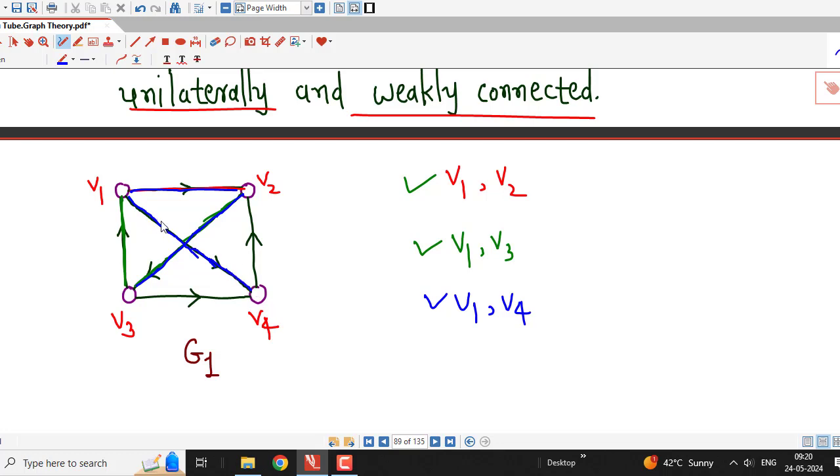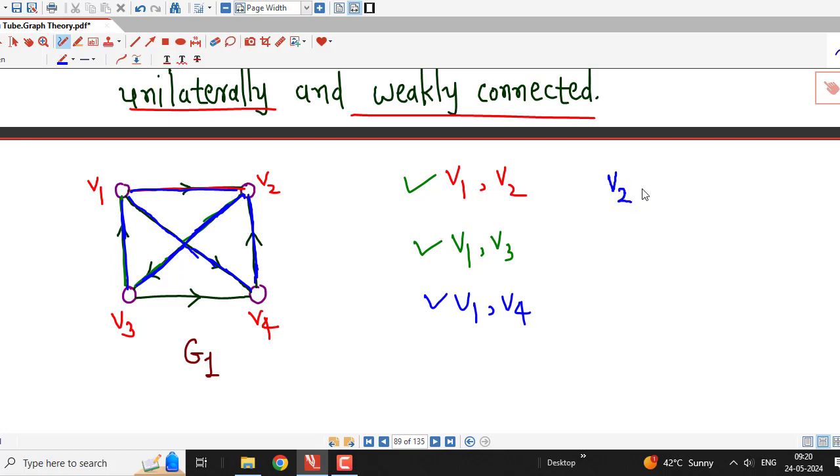There is a path from V1 to V4, this path. And for V4 to V1 we have to consider this path. We start from V4 in this direction, and we are able to find a path from V4 to V1 also.